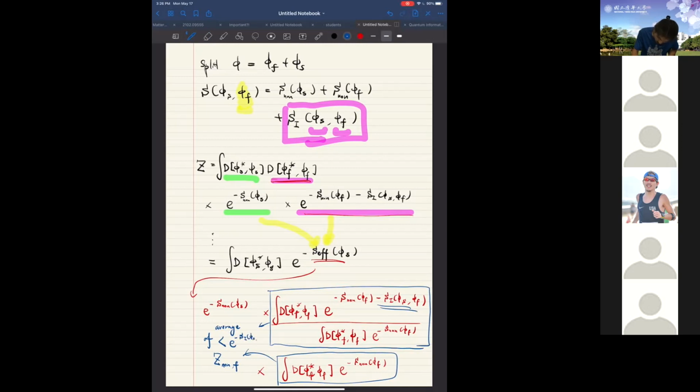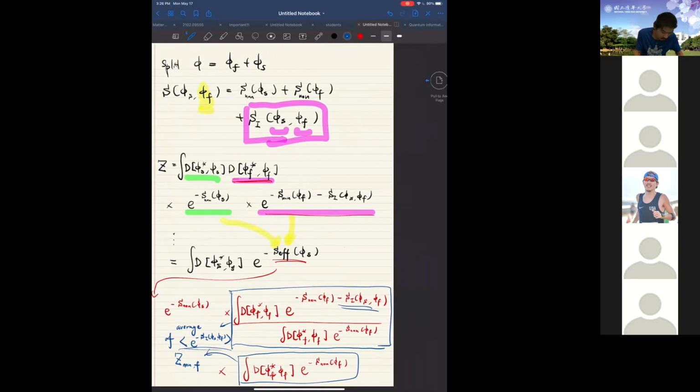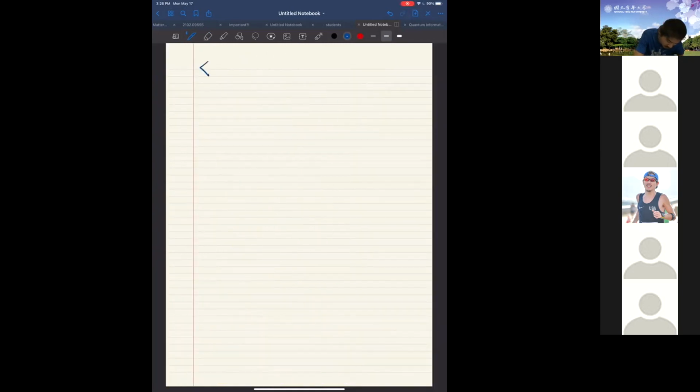If you rewrite things in this way, this part is nothing but an average over the interaction term. So now the only thing you need to take care of is this term.